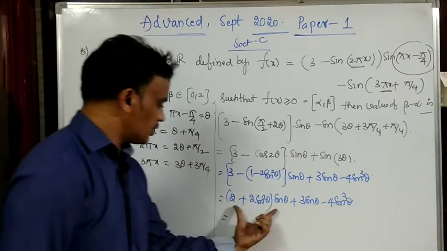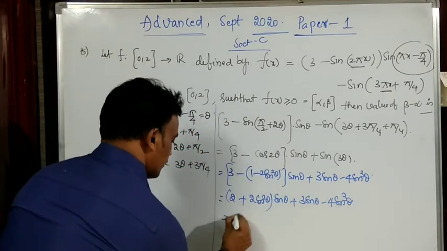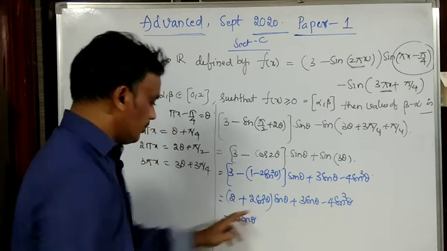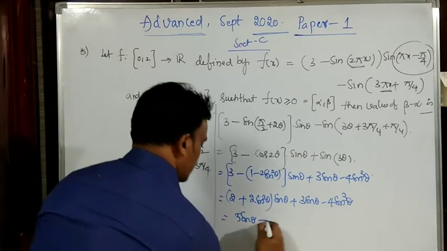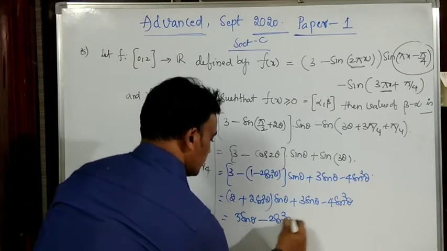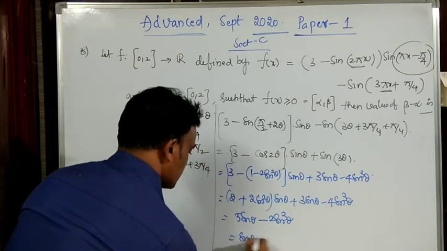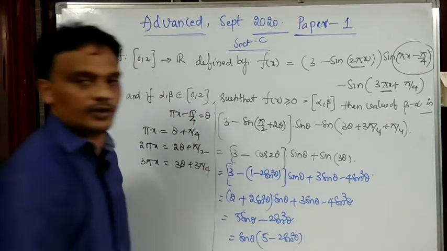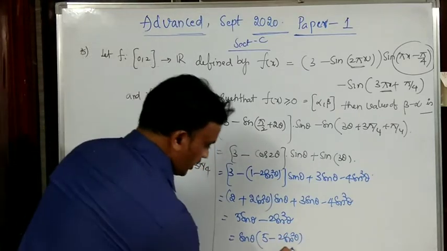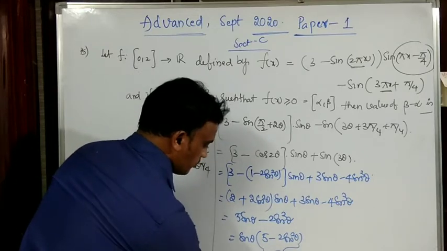Simplify this: it is 2 sin theta plus 3 sin theta, which is 5 sin theta, minus 2 sin cubed theta minus 4 sin cubed theta, which is minus 2 sin cubed theta. From this, take sin theta common: 5 minus 2 sin squared theta. I think it is already positive.